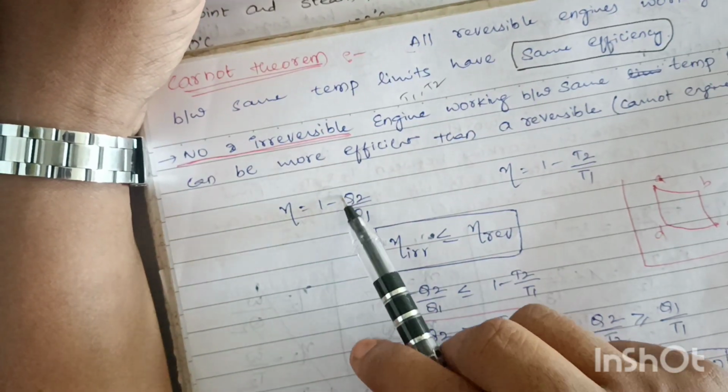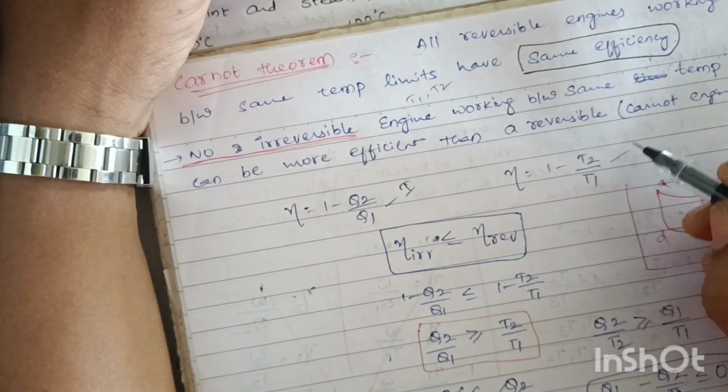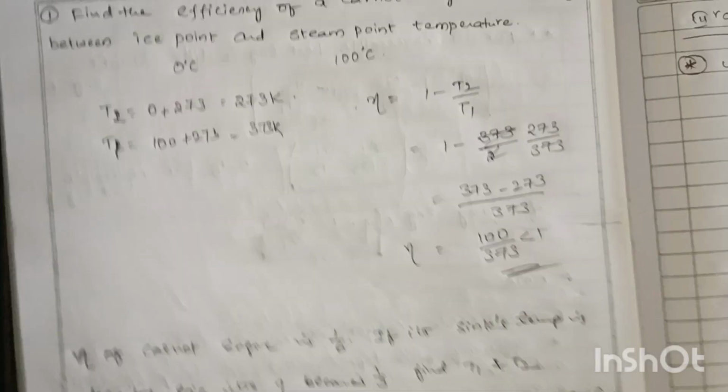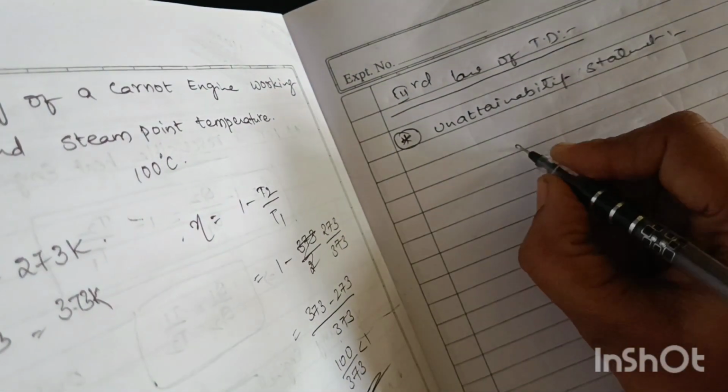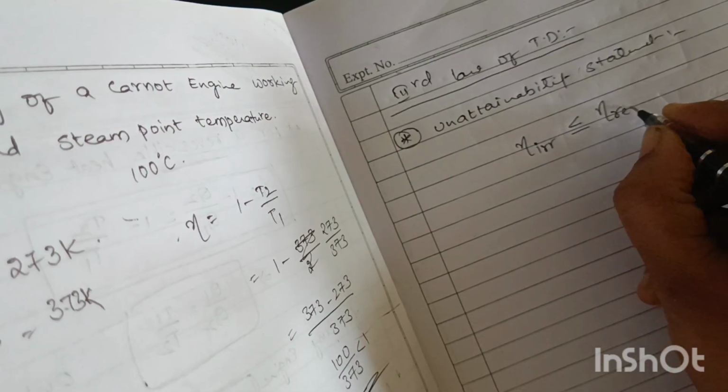So eta is equal to 1 minus Q2 by Q1. This is for irreversible engine, and for reversible engine eta is equal to 1 minus T2 by T1. So eta of irreversible engine is less than or equal to eta of reversible engine.